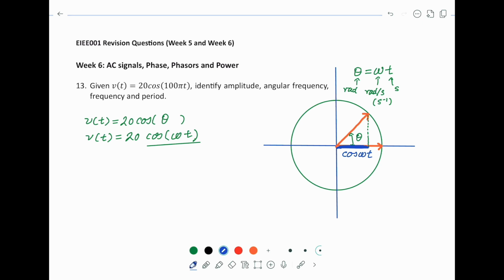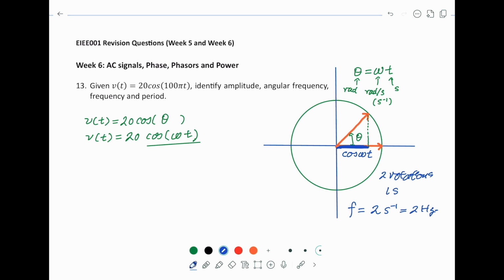So let's think about what I mean by frequency. If this vector rotates 2 rotations in 1 second, we can say the frequency f is 2 rotations per second, and also we can say this is 2 hertz.